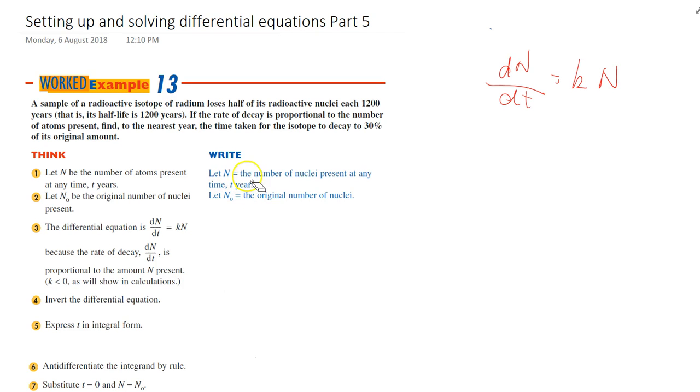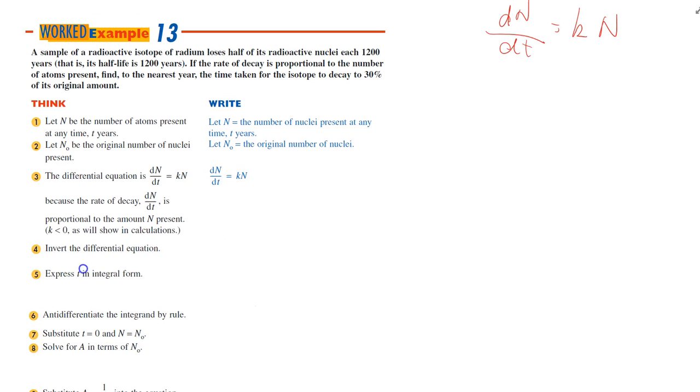So if we let N be the number of nuclei present at any time and let N0 be the original number of nuclei, we'll get an equation of dN/dt equals KN. And then we can start solving that in the way that we've always done it.